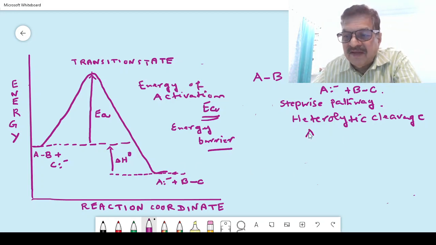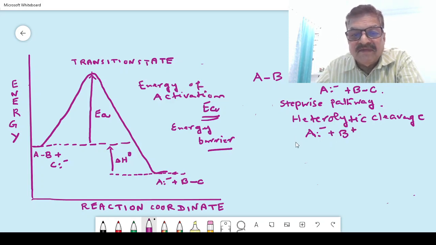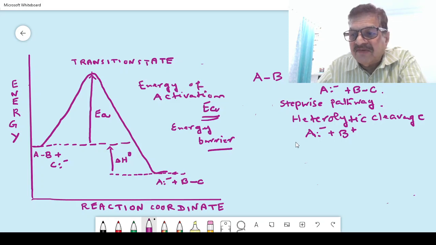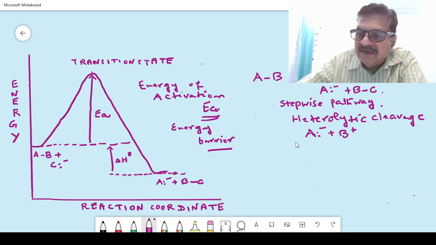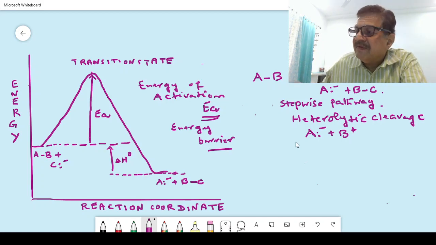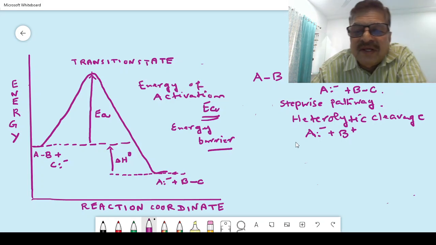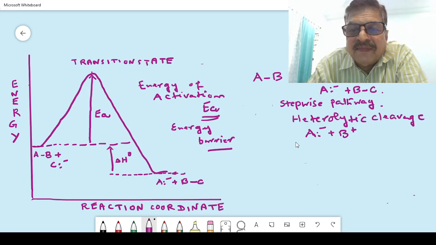Heterolytic cleavage means it is an ionic cleavage. It will result in the formation of ions here. Correct. So this is the first step here. One possible mechanism is the ionic cleavage, that is heterolytic cleavage of the AB bond here forming two ions.